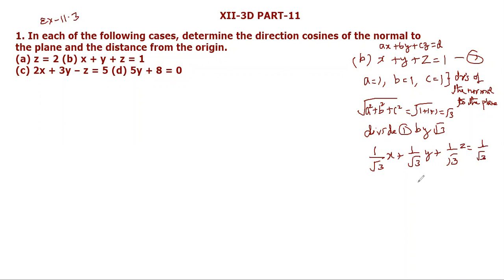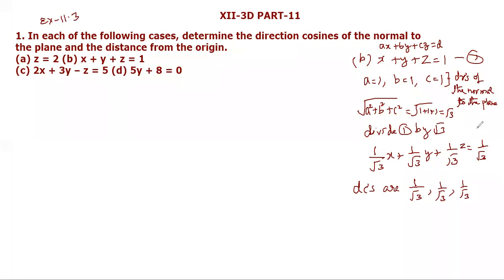So this is converted into the normal form now, and therefore direction cosines are 1 by root 3, 1 by root 3 and 1 by root 3.